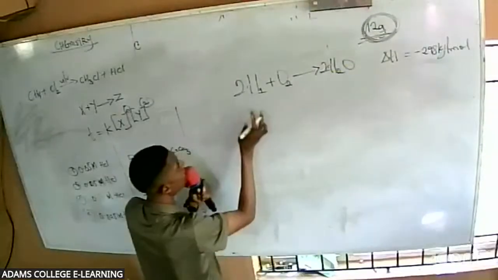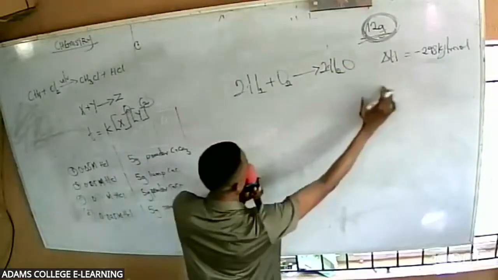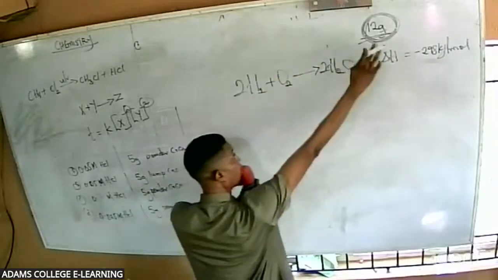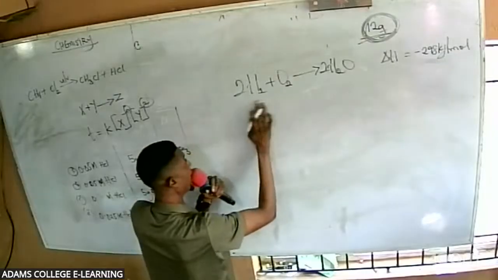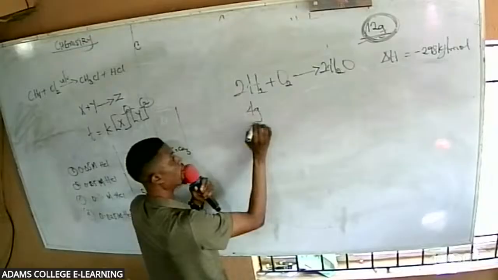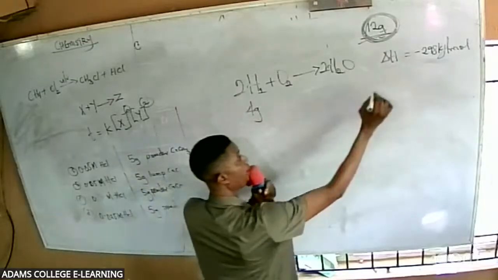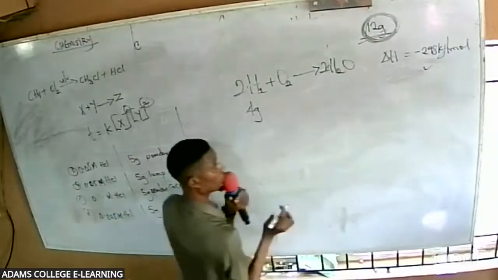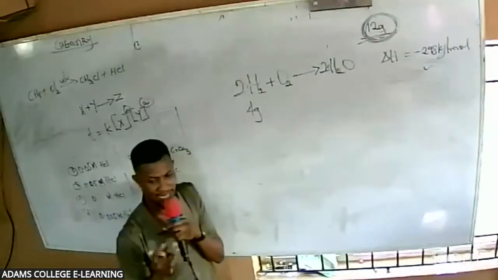From this standard equation, we look at grams. All your mindset is narrowed down to grams. How many grams of hydrogen is here? 4. Which means 4 grams of hydrogen liberates this amount of energy, minus 298, right? Now use the mass to get the answer.